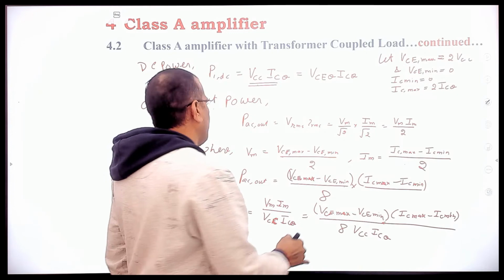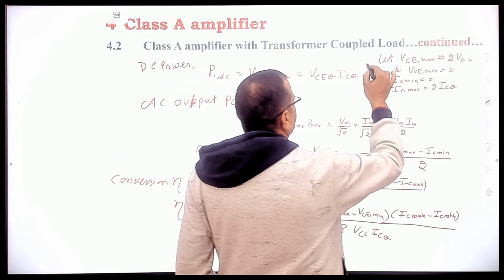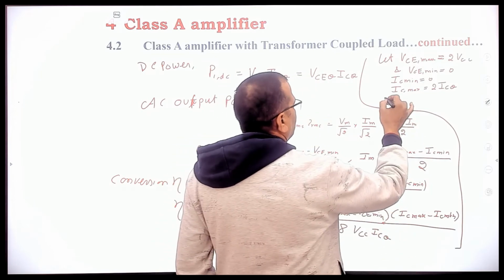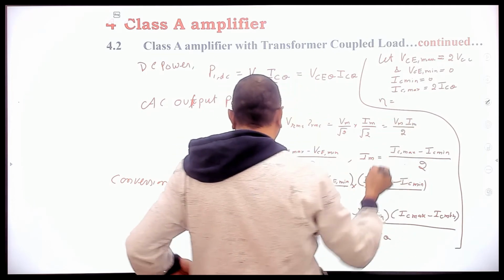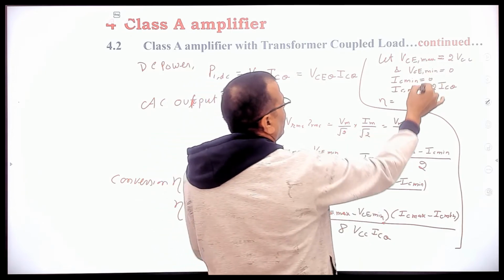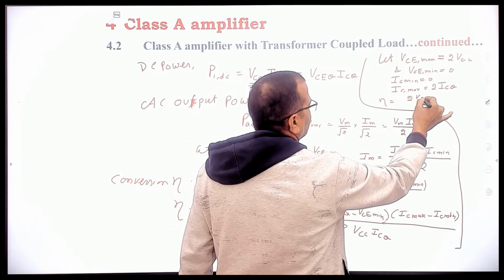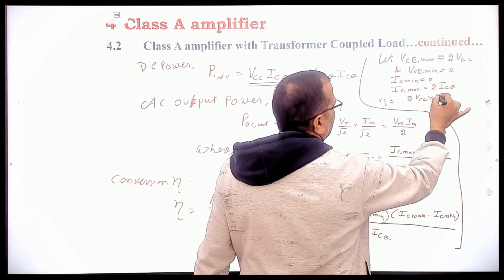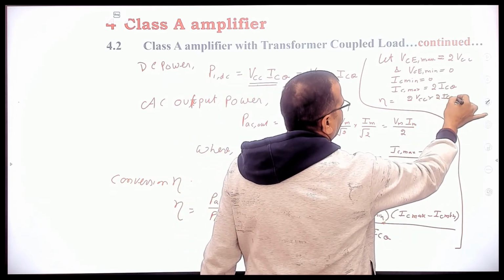So now, in that case, what will be the efficiency? I will write in this portion, right? In that case, the efficiency will be, please see carefully, VCE min is 0, VCE max is twice VCC. IC min is 0, IC max is twice ICQ, right?